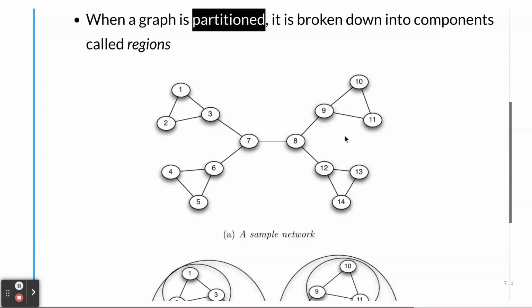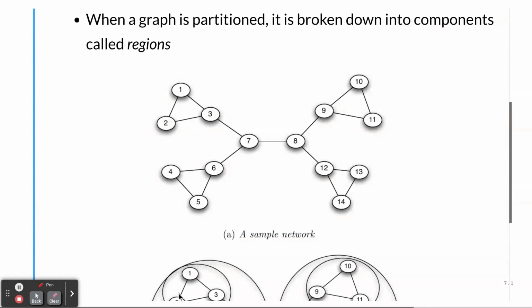If we were to try to partition this graph, what we would first do is probably break this edge, and that gives us a nice clean separation left and right. Then we might consider breaking these two edges. So now we have 7 in an island all by himself, and we have a separation between 1, 2, 3 and 4, 5, 6.